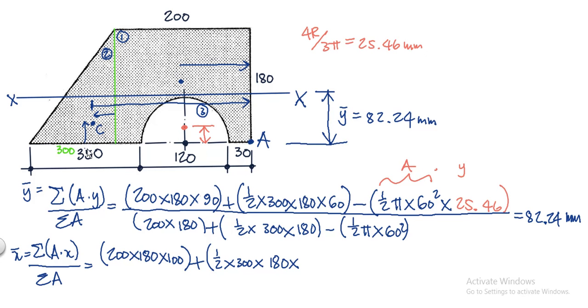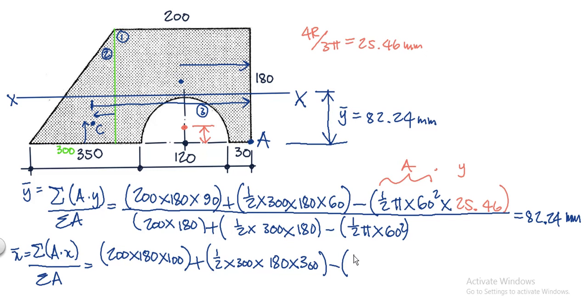It's not 300 over 3. It's 300 over 3 plus that bit, plus that bit, plus that bit. So it's 300 over 3 is 100 plus 200, so it's 300. Minus, because it's a cutout.